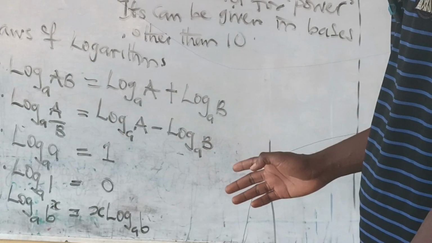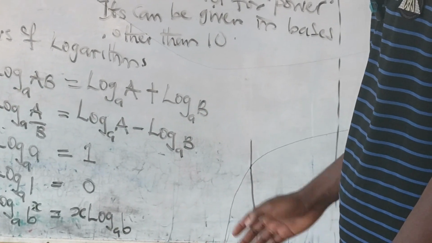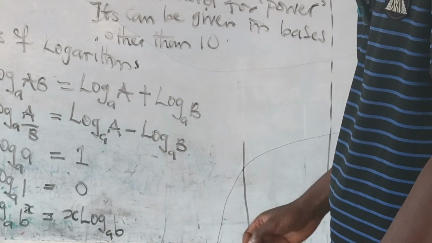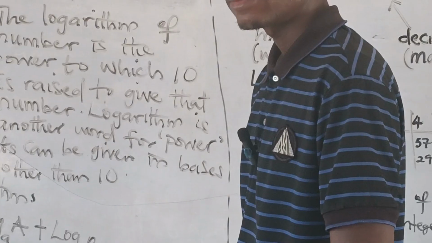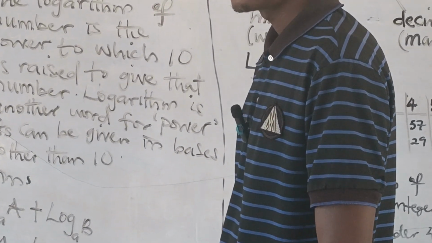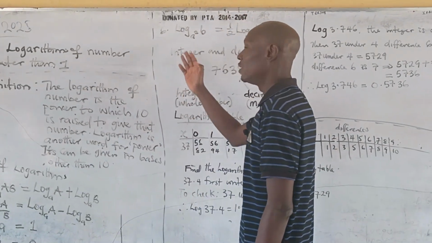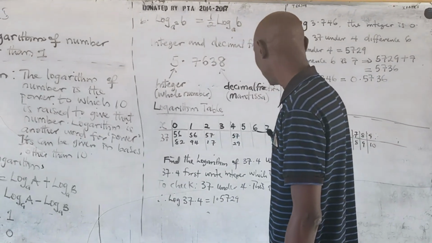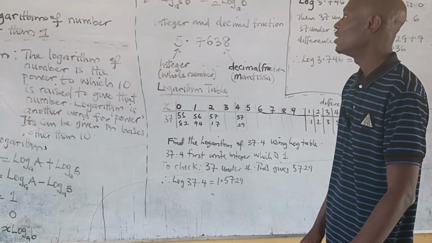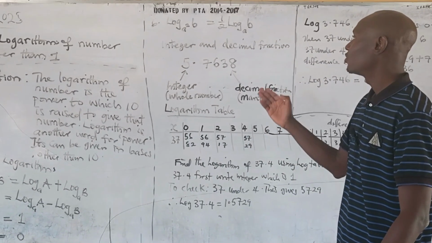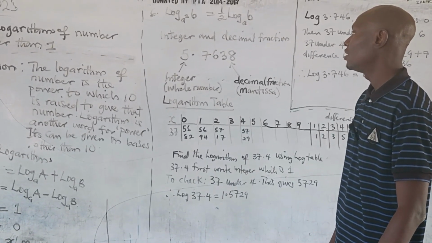If you have log B raised to power X base A, it's going to give us X log B base A. So the number 6, if you have log of the square root of B base A, this is going to give us 1 over 2 log B base A.